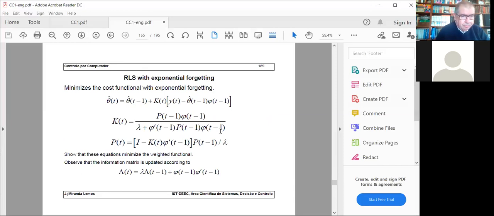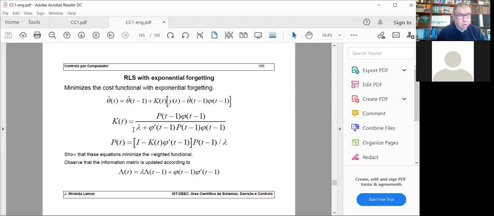Now, remember that lambda is smaller than 1. Actually, the mathematics, if you want to prove results on these formulas, is usually quite complicated. But there is one intuition that we can have. You see that you are getting P of t by dividing this function of P of t minus 1 by lambda.